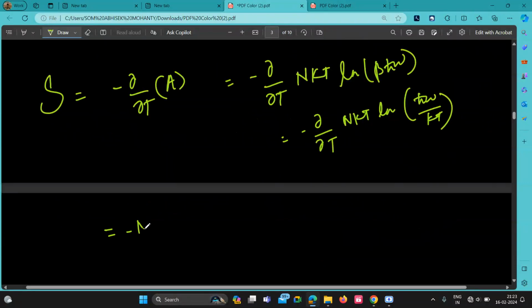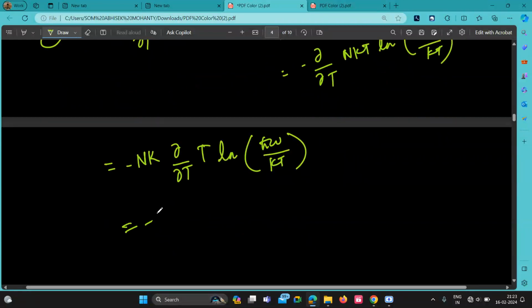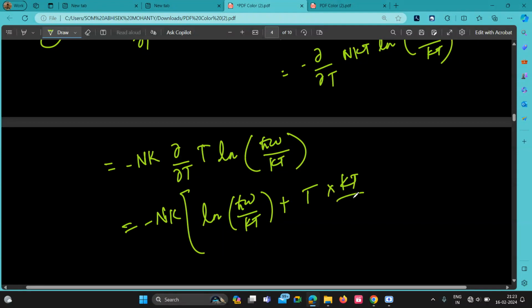Nk goes out: minus Nk del by del T of T ln (h cut omega by kT). So minus Nk ln (h cut omega by kT) plus T into kT by h cut omega, the derivative of this one, into h cut omega by kT square.